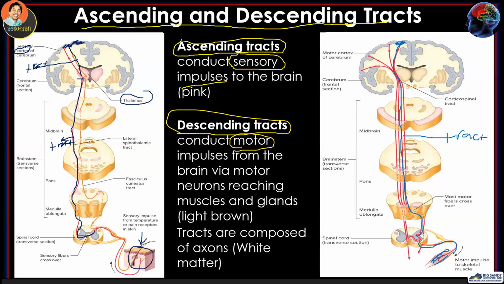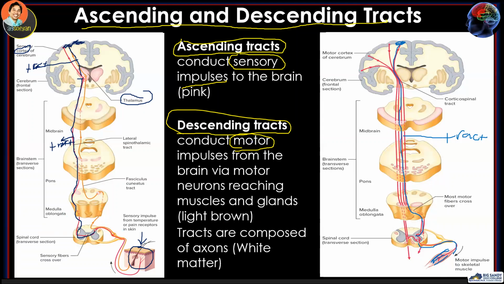Now, if we compare the ascending tract and descending tract, you see that the descending tract has two interneurons involved in bringing this track, while the ascending tract only has one interneuron involved in this process. Both of them are crossing over.